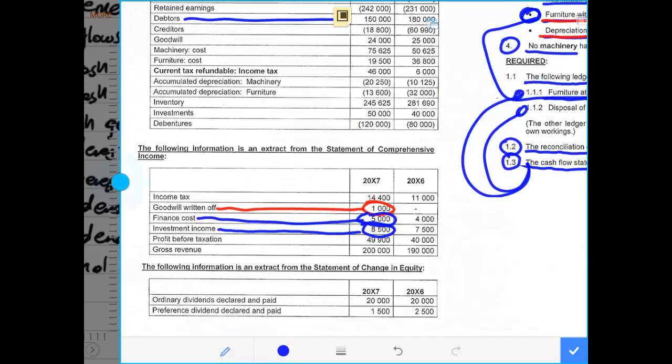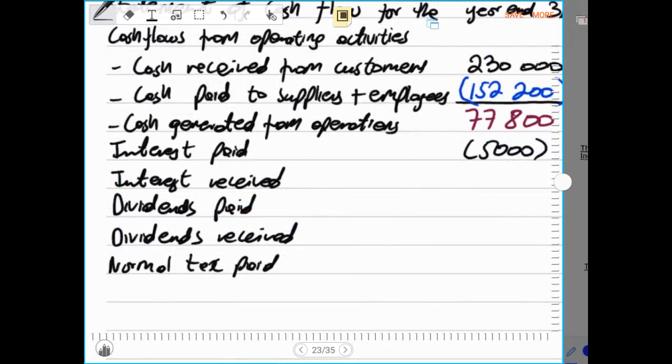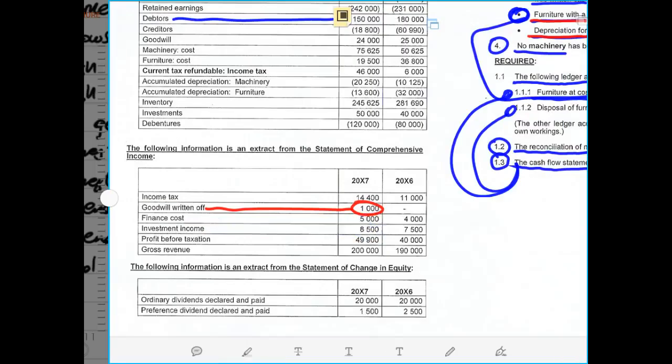The portion that was received is the one that is recorded here as interest received. But in this case, we assume that all the interest that appears in the income statement was all received. Then we check if there were any dividends paid and any dividends received.